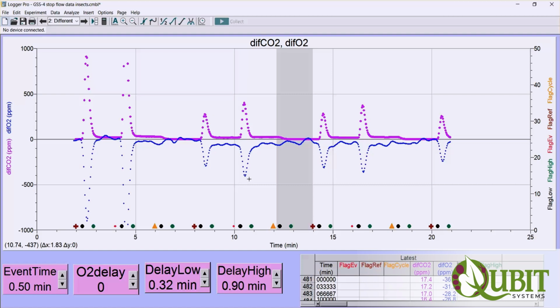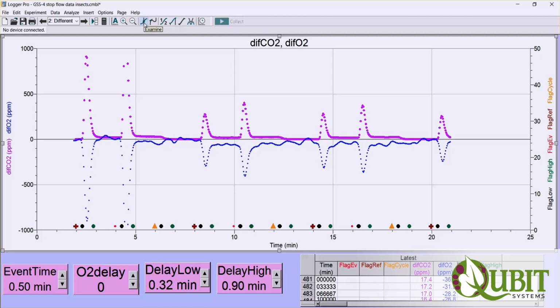It is important to align them because the area under these peaks is used in calculations of the volume of CO2 and O2 that's produced and consumed by the animals.